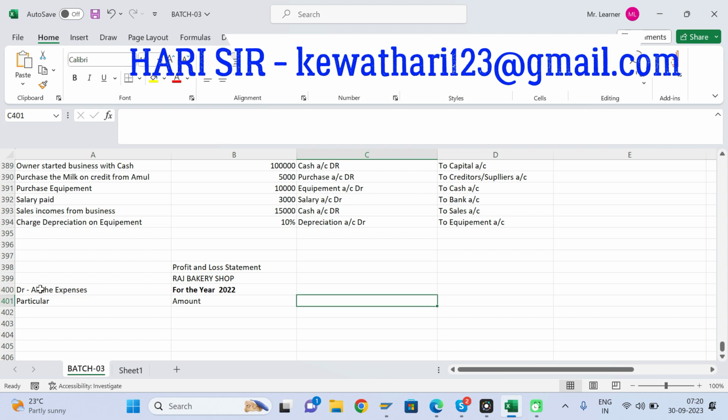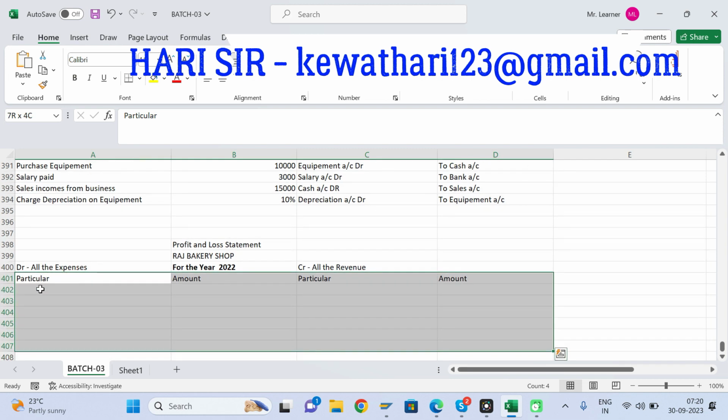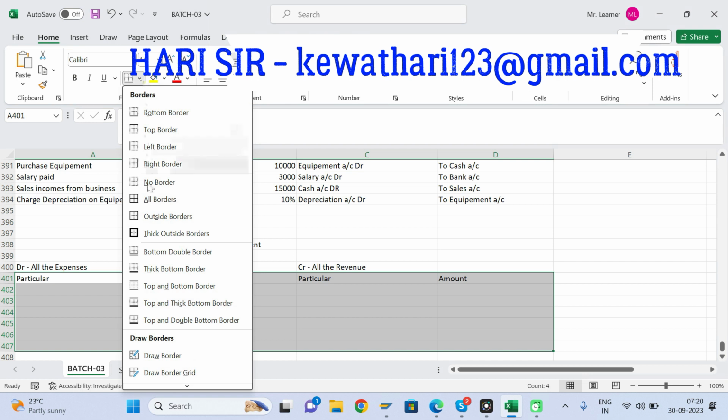This side is again particulars and amount. This side is credit, all the revenue. Prepare it like this.